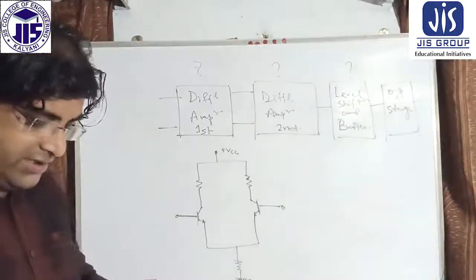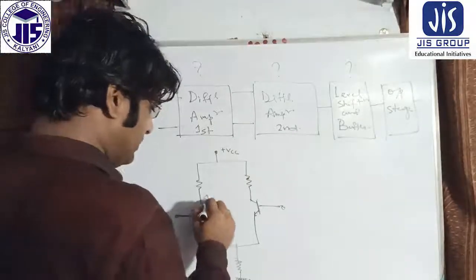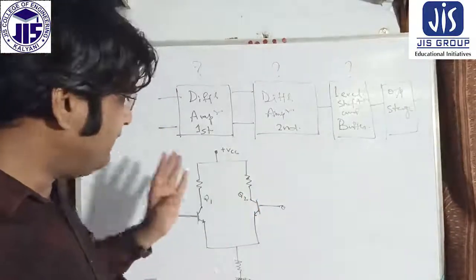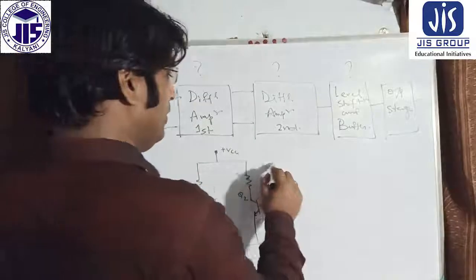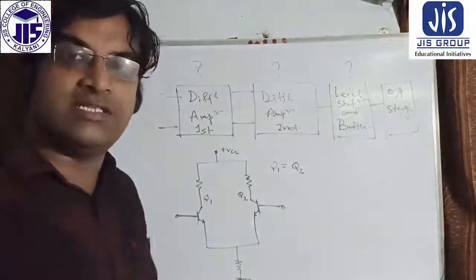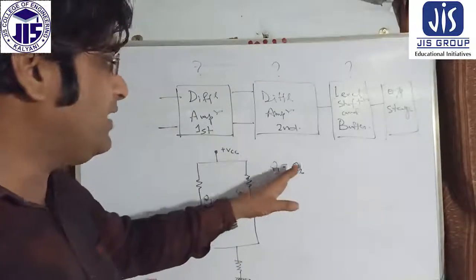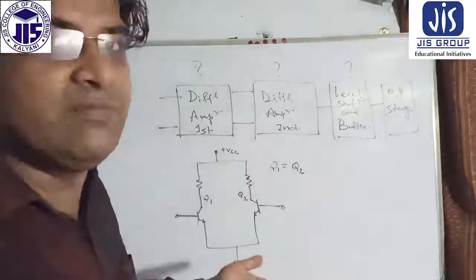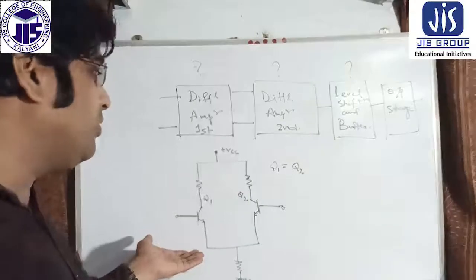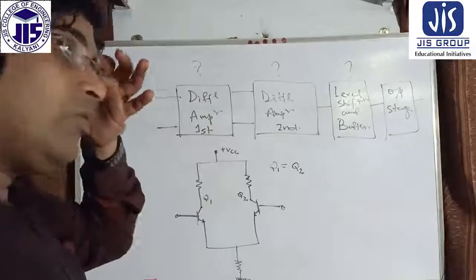So there is one circuit, and you see, suppose this is a Q1 transistor and this is a Q2 transistor, okay, and I say that Q1 and Q2 are identical transistors. Identical means these two transistors are the same, like a mirror. Whatever the capability of this transistor, the same capability is in this transistor.